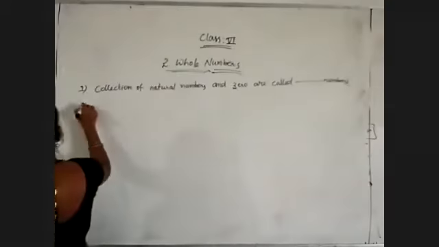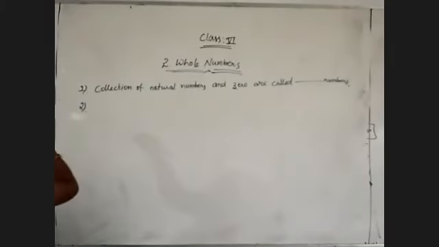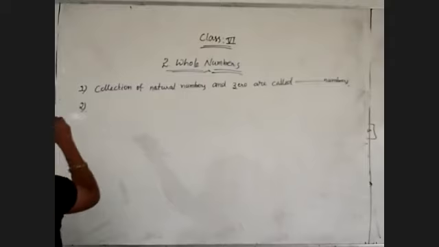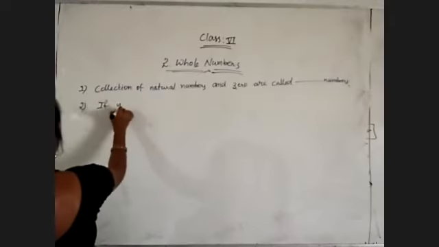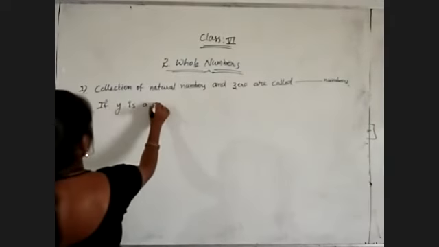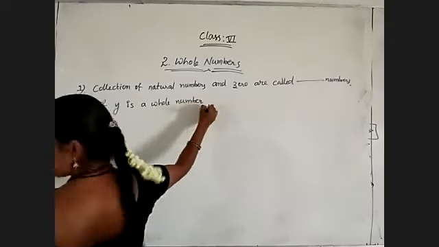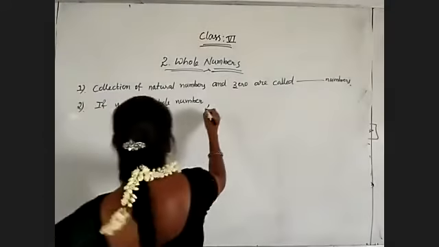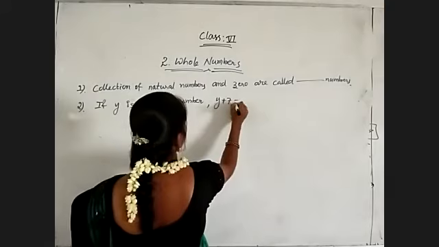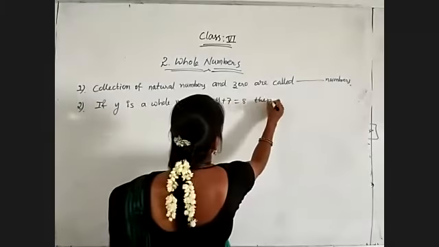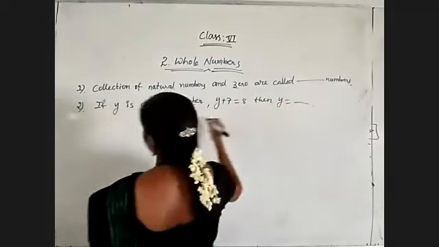And my second question is, if y is a whole number, y plus 7 is equal to 8, then y is equal to dash.